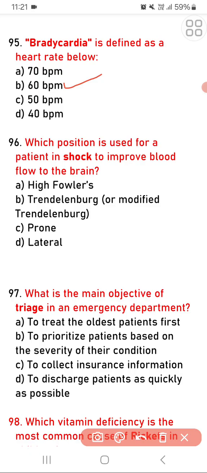Which position is used for a patient in shock to improve blood flow to the brain? Trendelenburg or modified Trendelenburg. What is the main objective of triage in an emergency department?